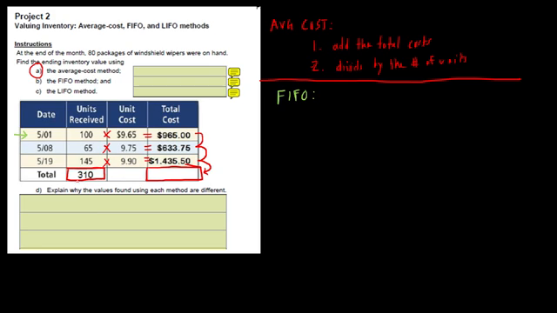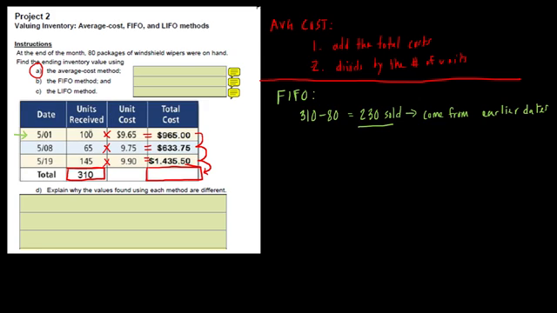So if there are a total of 310 units, and there are 80 left over, then that means that there were 230 sold, right? Now since this is the first in, first out method, the 230 sold would come from earlier dates.